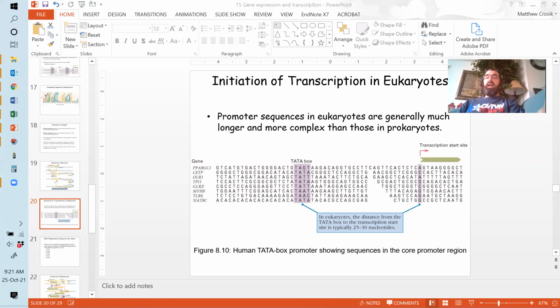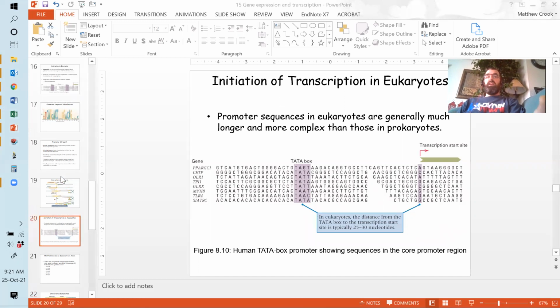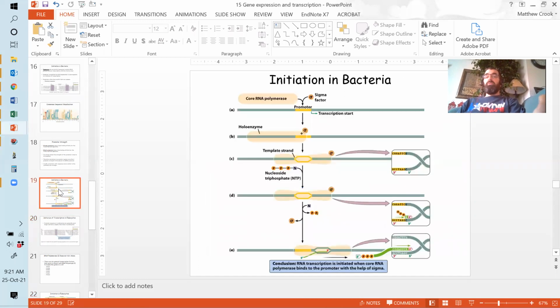We have to have proteins that recognize specific regions of DNA because otherwise, for example, RNA polymerase would not know where to bind. So sigma factor comes in, binds, I think the -10 box, I'm not actually 100% sure, and recruits RNA polymerase.